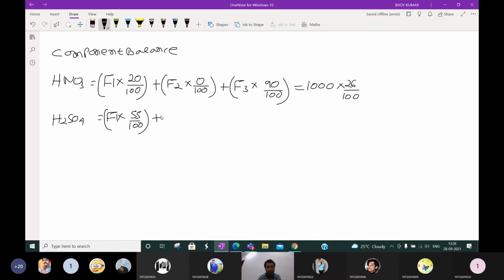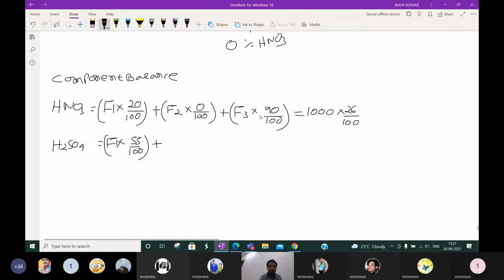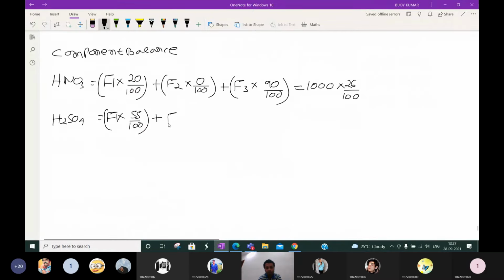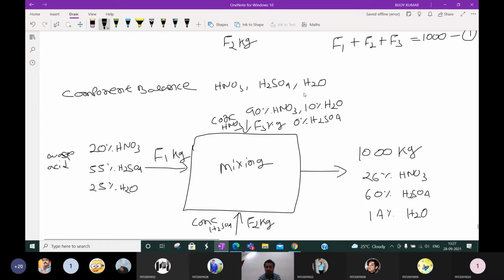plus the H2SO4 present here, that is 98% of F2 kg. So it will be F2 into 98 by 100, plus the H2SO4 present in this stream, concentrated HNO3, that is 0%.